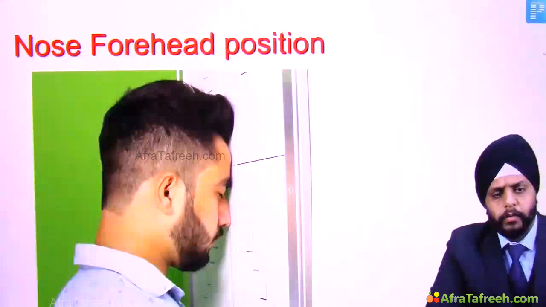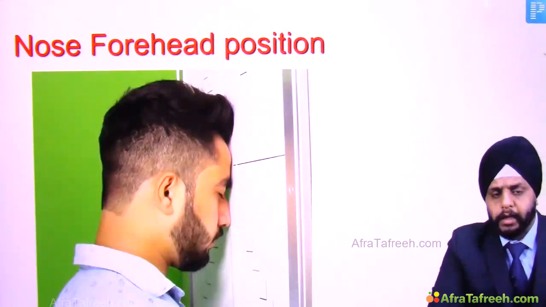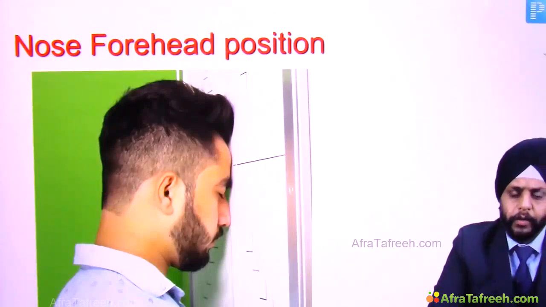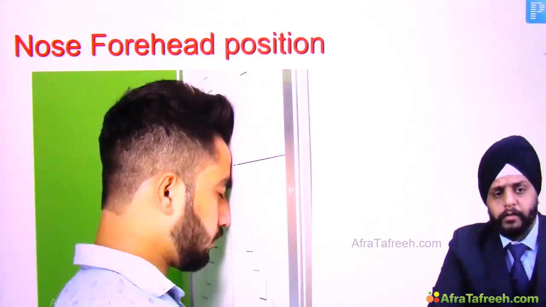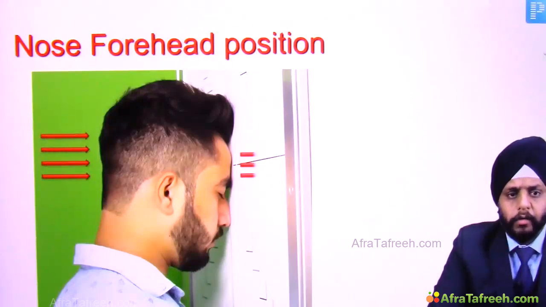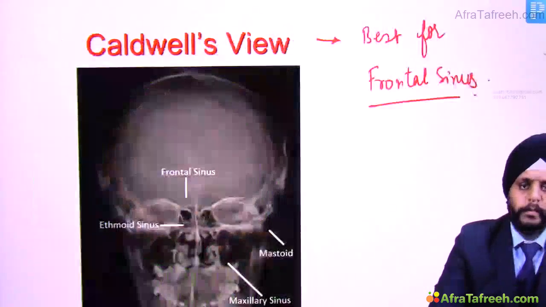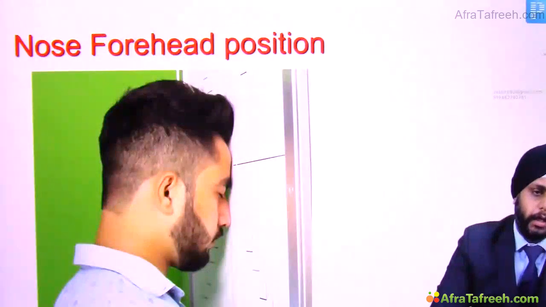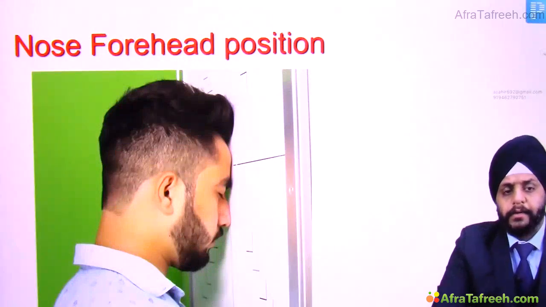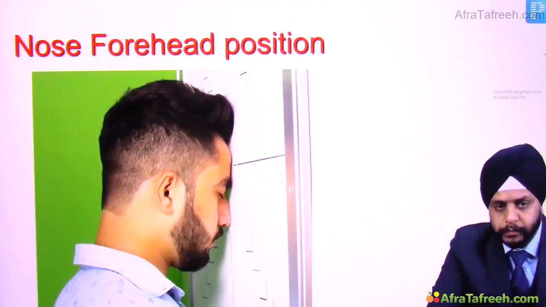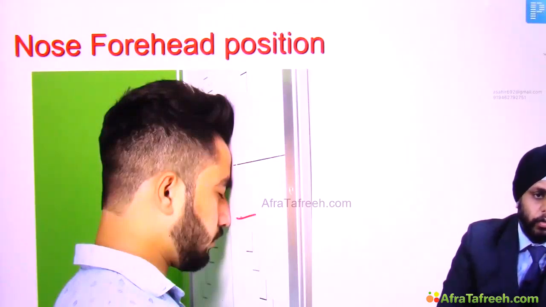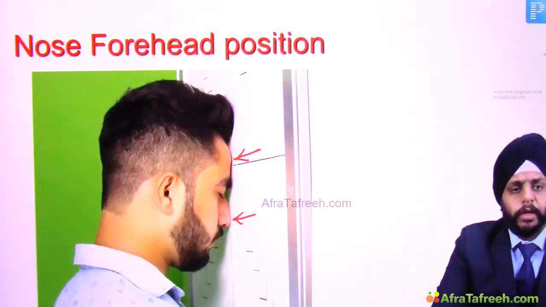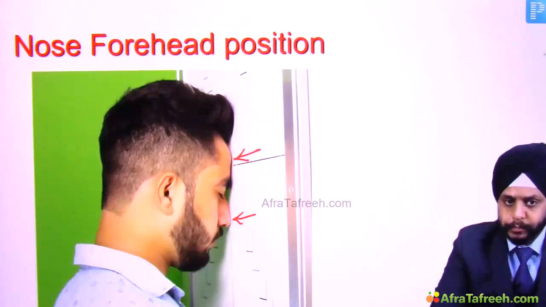In Cardwell's view, we make the patient stand facing the X-ray plate. As you can see over here, the patient's nose and forehead are touching the X-ray plate. So this is known as the nose-forehead position.